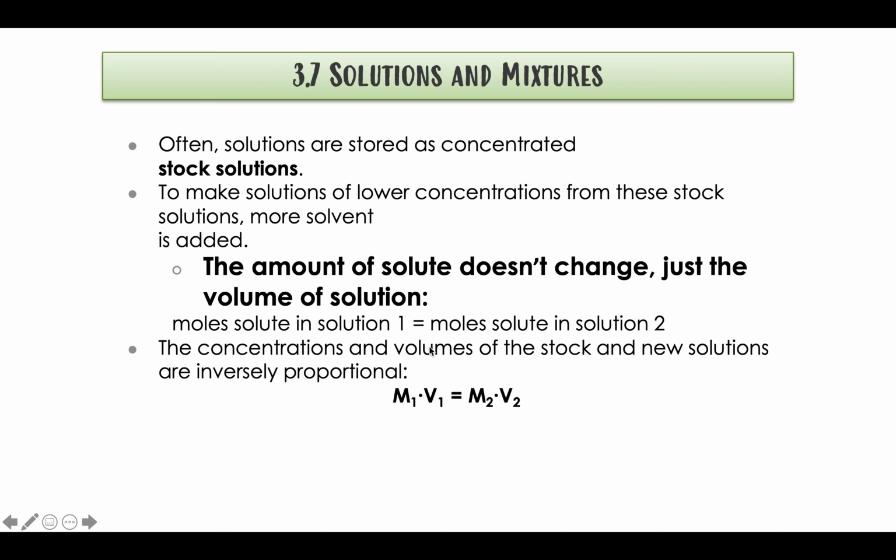So basically, this is the formula I would use to find how much stock solution I need. Say I had a 15 molar solution, and I wanted 500 milliliters, or 0.5 liters, of a 3 molar solution.